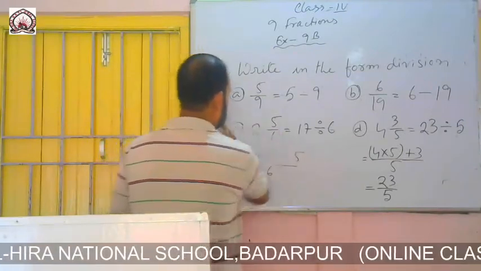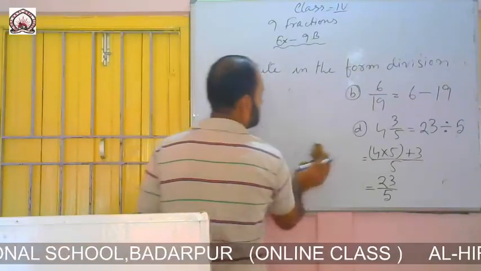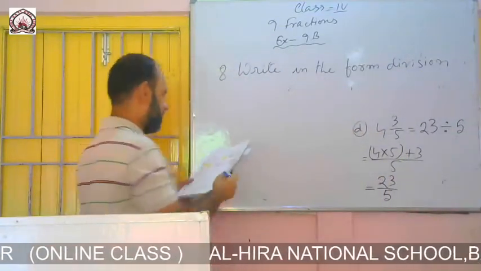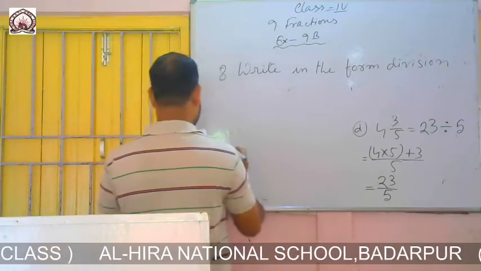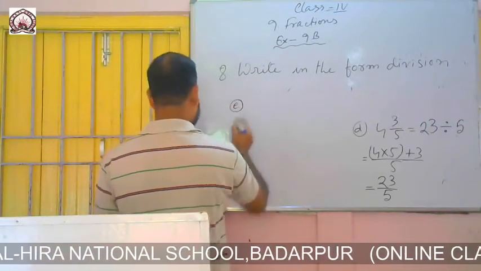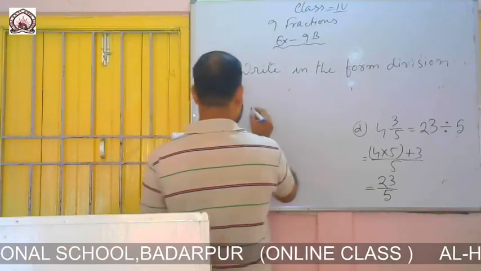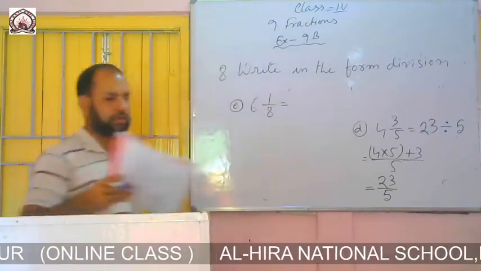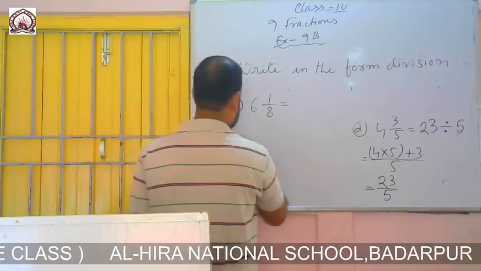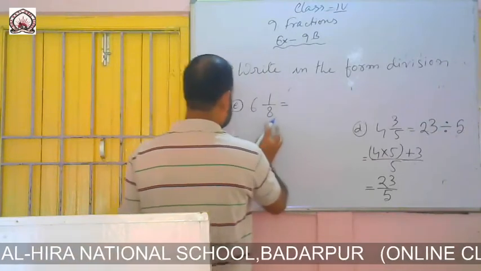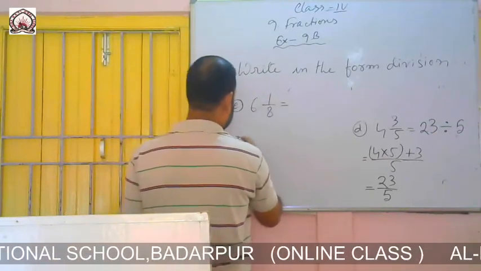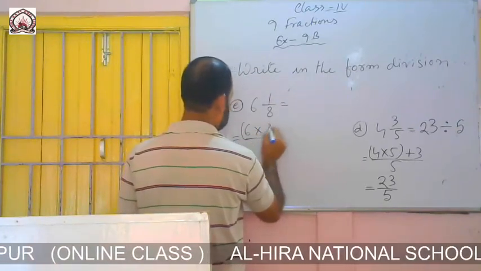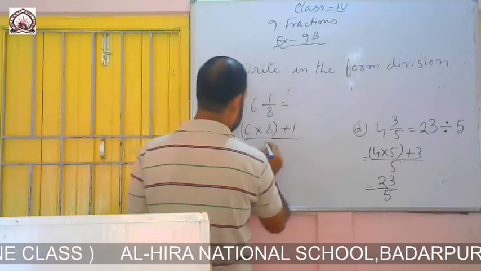Next, question number E. Question E. 6 1 by 8 equal to dash. So first we change it into an improper fraction. So 6 eights are 48 plus 1 is 49, or we do 6 into 8 plus 1, by 8.